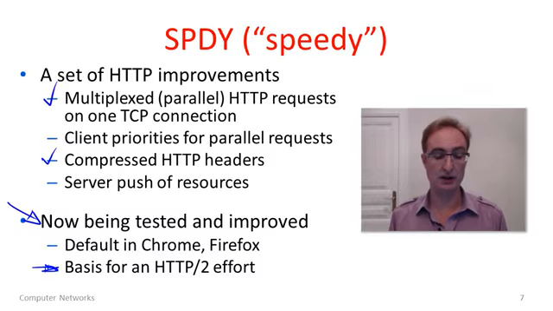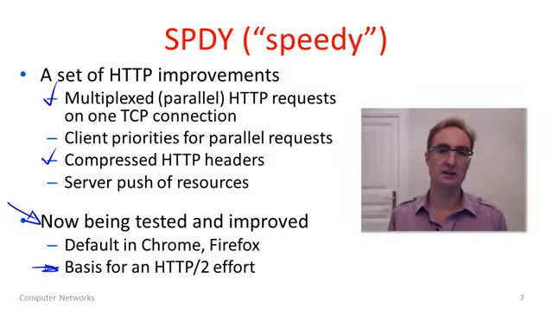It has multiplexed or parallel HTTP connections on a single TCP connection. Recall we saw parallel TCP connections with HTTP on them individually early on, and persistent connections replace that. In a persistent connection, you have one TCP connection and then sequential HTTP request responses. They might overlap a little bit for pipelining, but they're not all happening in parallel.